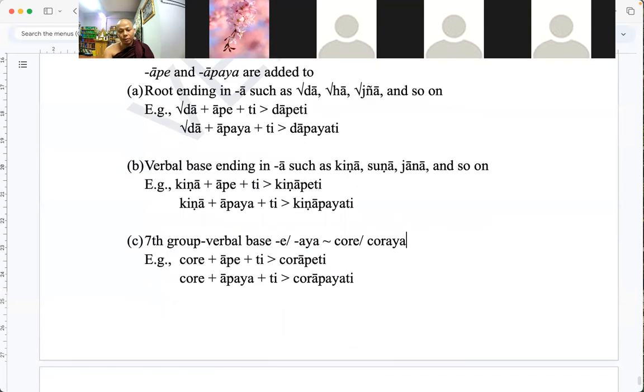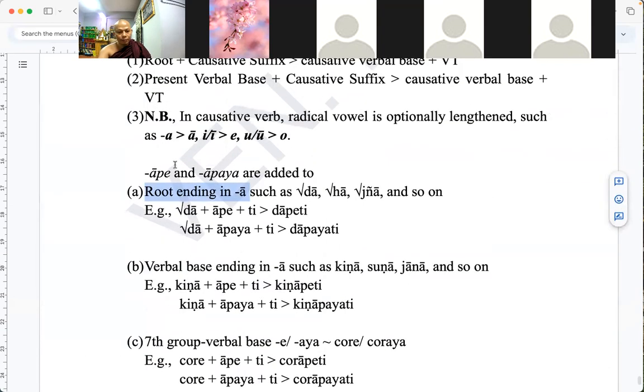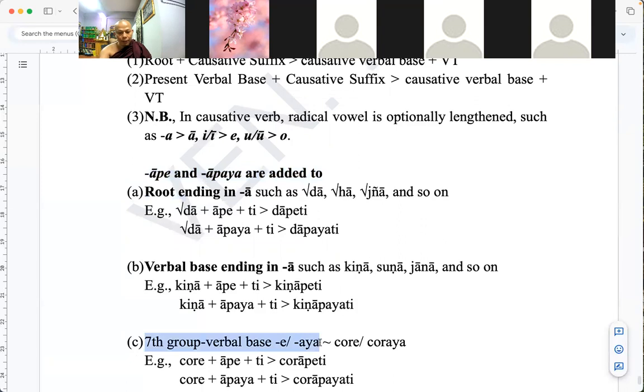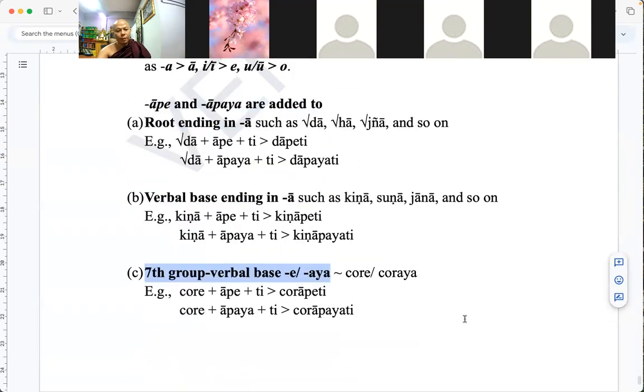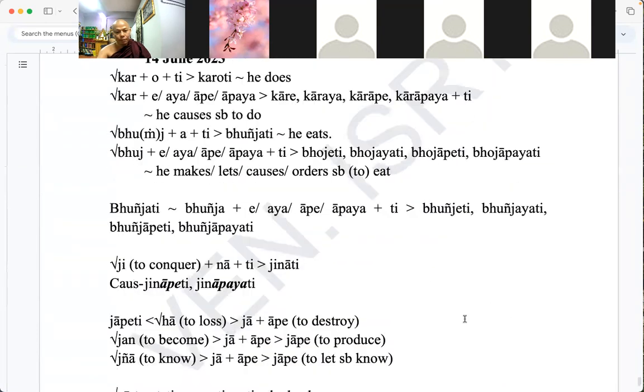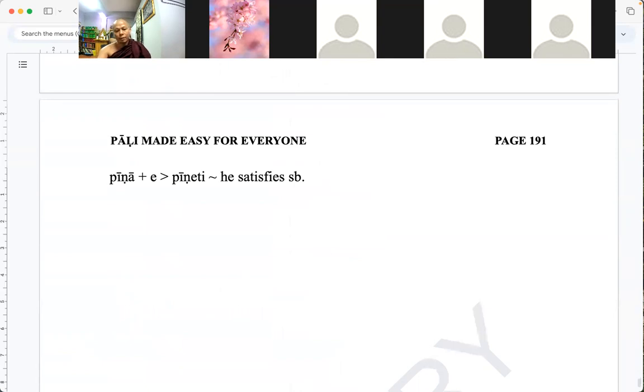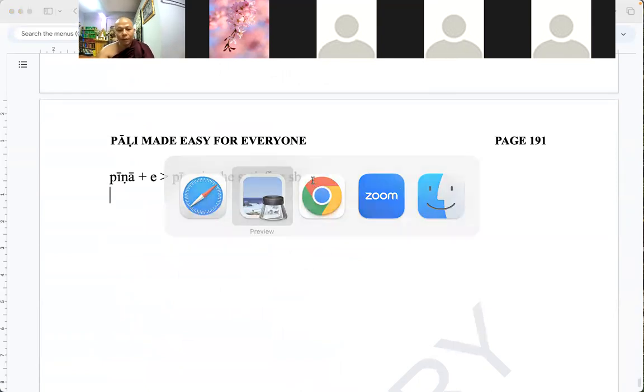Yeah, this is better to see clearly. So three more pieces of information. So to the root ending in the R, the vowel base ending in the R, and the seven continuous sign A, and so on. So in this way. But these are exceptions, there's a binadi, and so on. Okay.